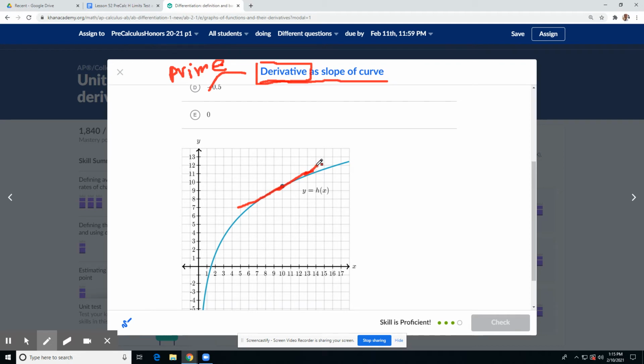So I got a point here, and I got a point here, and I would say it's, remember, rise over run. So this would be the rise. This would be the run. My estimate, it's always nice if you can use some of your grid or some of the graph to help you with an estimate. Otherwise, you're just having to guess.